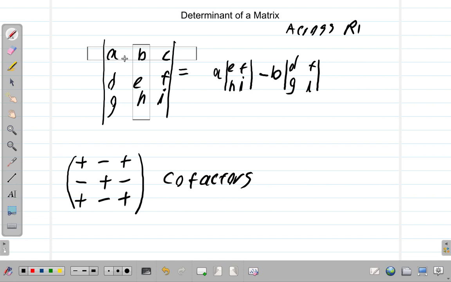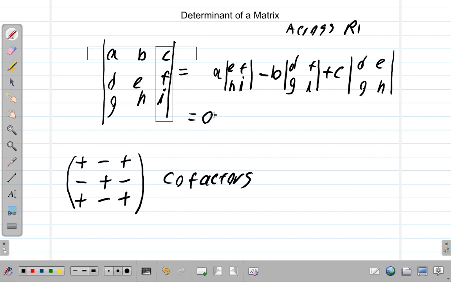Once you start going across, you go across. So we're going across to cover up c. We cover up the row and column with c in it. It's a positive, so we have plus c times the determinant of the uncovered elements, d, e, g, h.